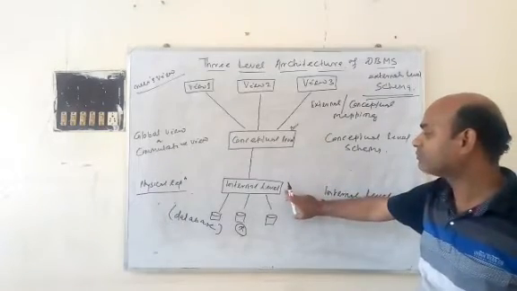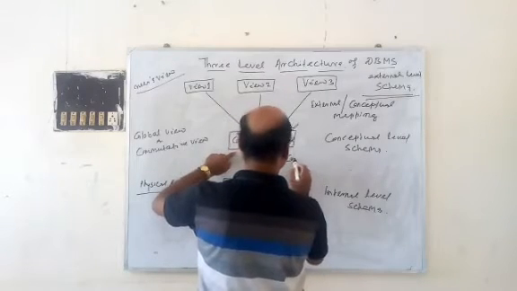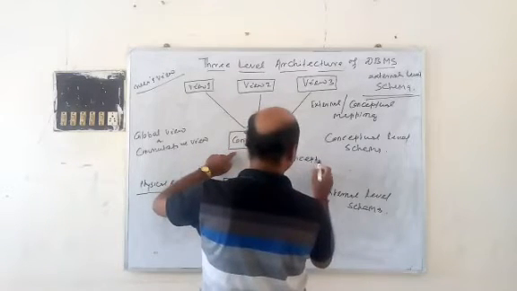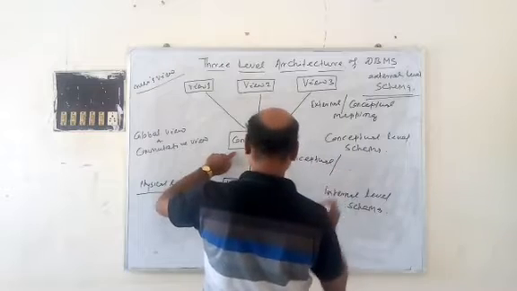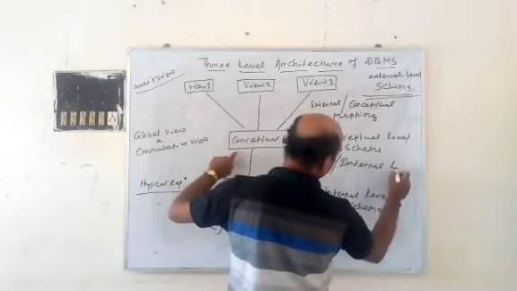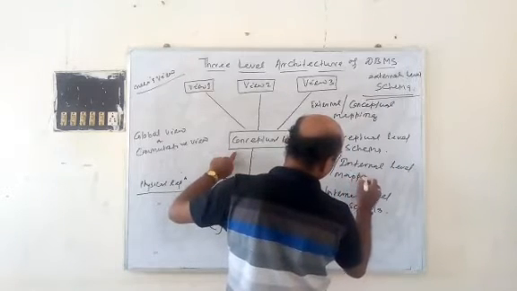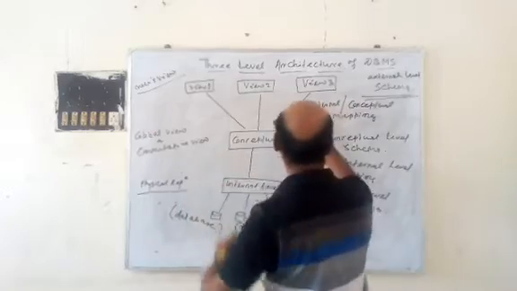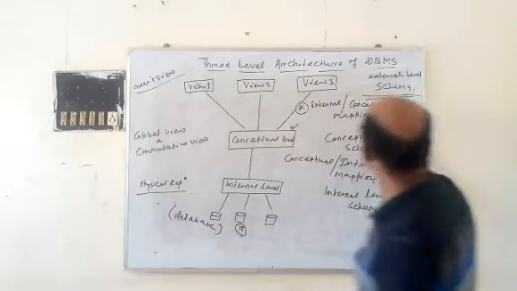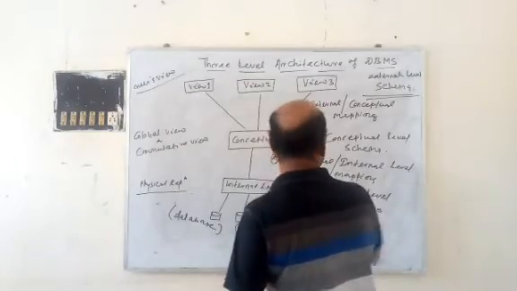So there is a mapping between the conceptual level and the internal level. So these two mappings: one is the external-conceptual mapping and another is the conceptual-internal level mapping.